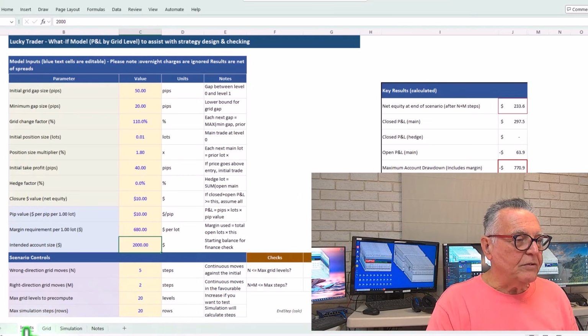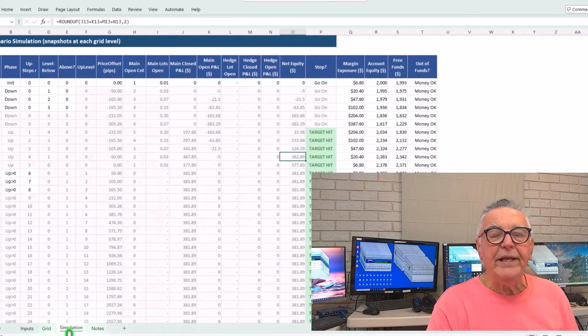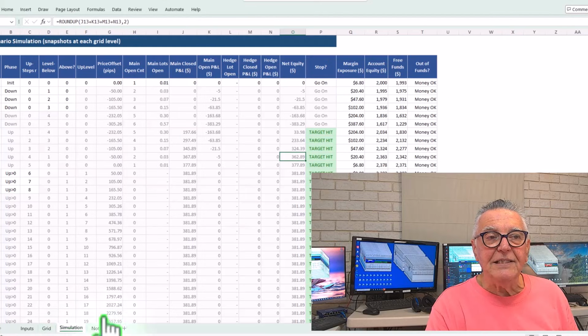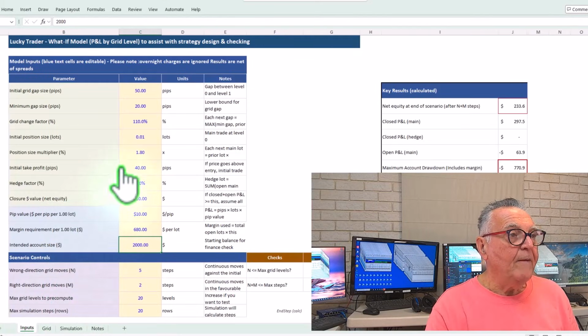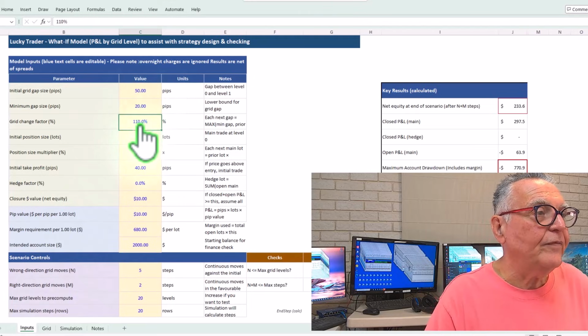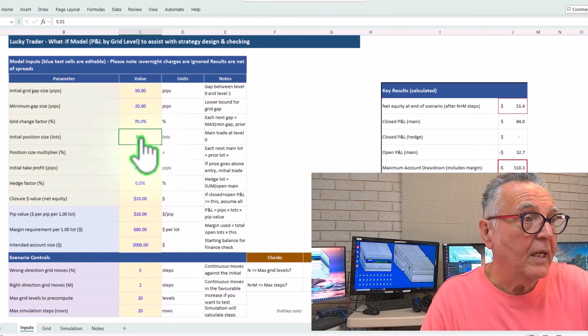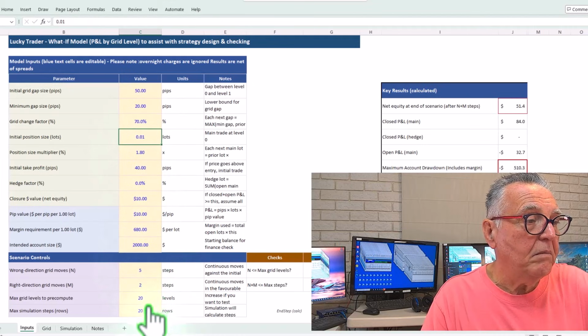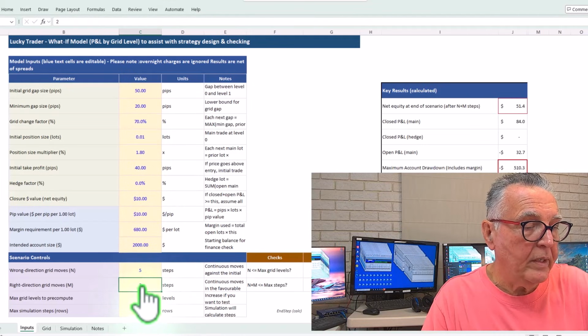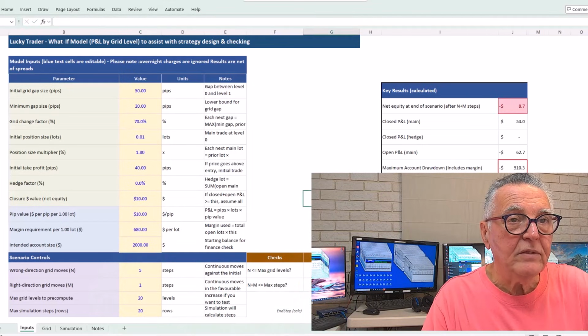And I love this part where you see trade by trade. Just to show you, let's force a negative situation in here. One. See if we can force.